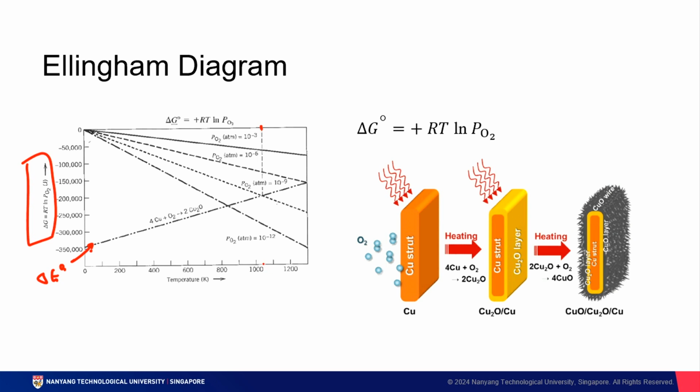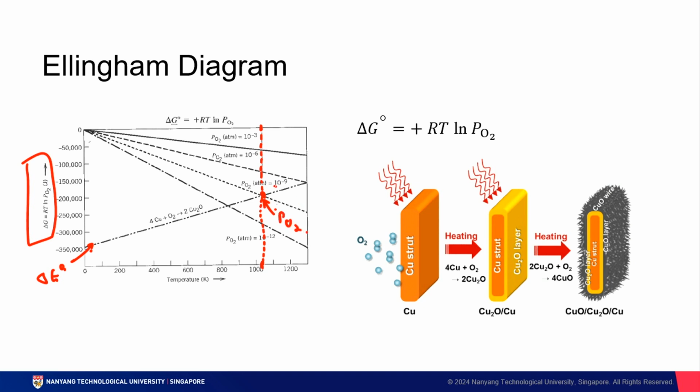Let's just assume that the furnace operates at this temperature. All he has to do is draw a line downwards, and the point where delta G naught and this line intersect will give you information for PO2.